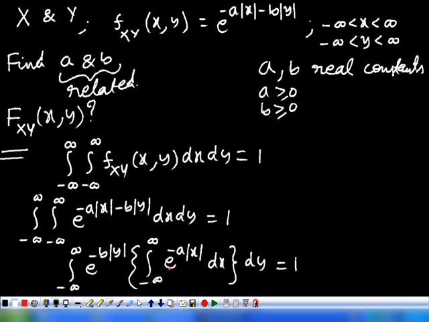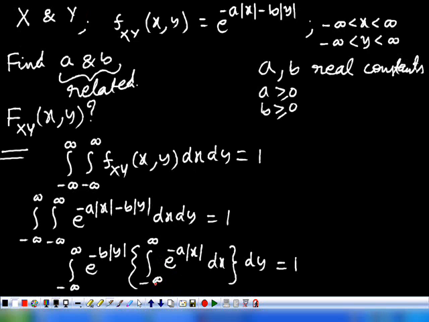And then this can be written as the integral from minus infinity to plus infinity of e power minus b mod y, and the remaining term can be written as the integral from minus infinity to 0. Here this inner integral can be split into two integrals. One is from minus infinity to 0 and the other is from 0 to infinity.